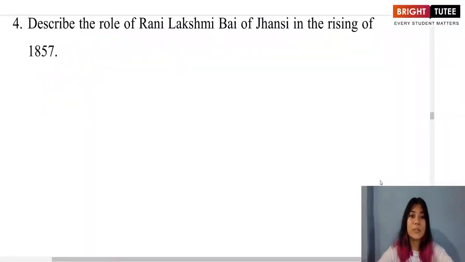Moving on to the next question. Describe the role of Rani Lakshmi Bai of Jhansi in the rising of 1857. In short, I'm just going to write Rani Bai.